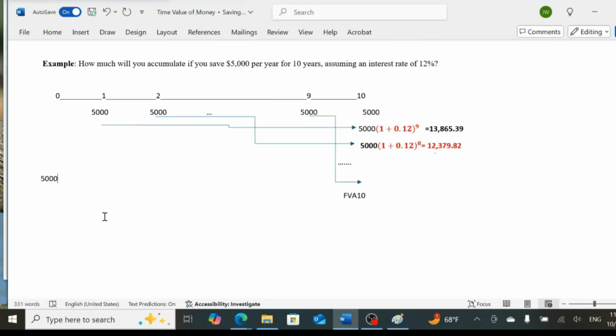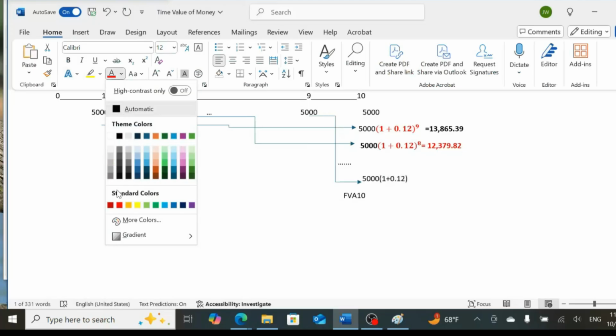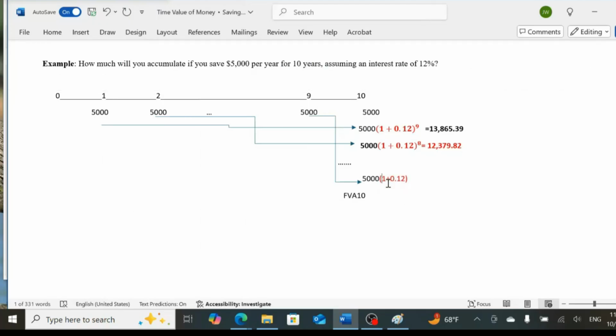From end of ninth year to the end of 10th year is a distance of only 1 year. So the interest factor is 1 plus 0.12.